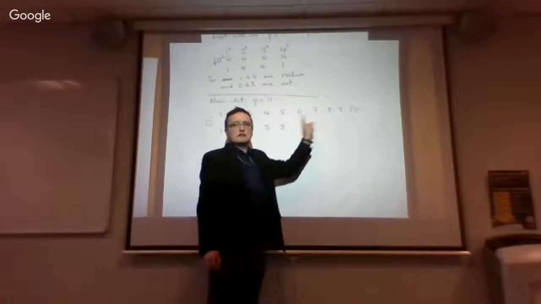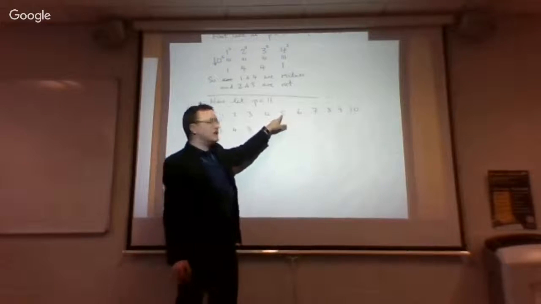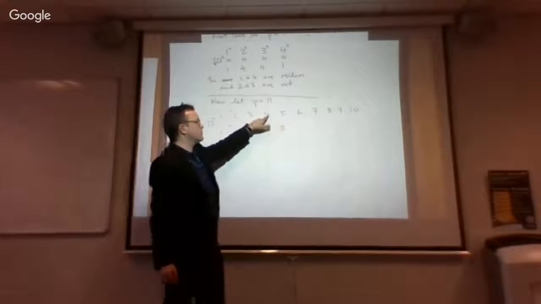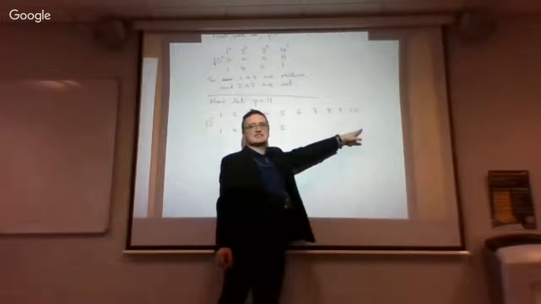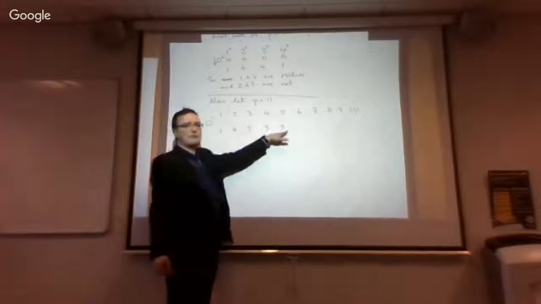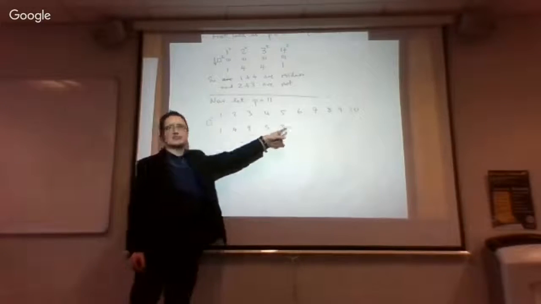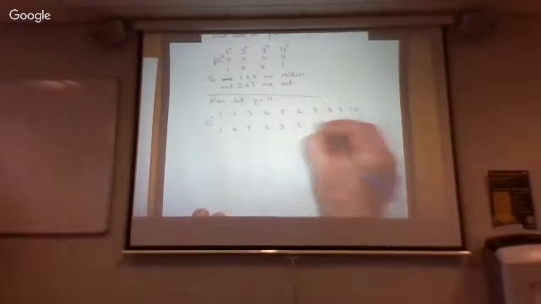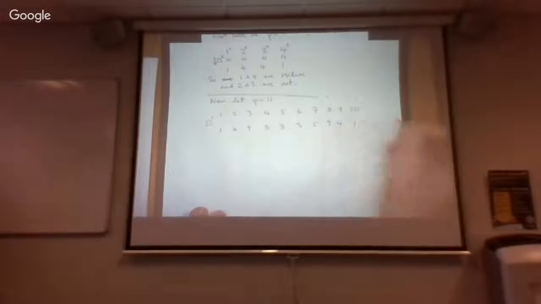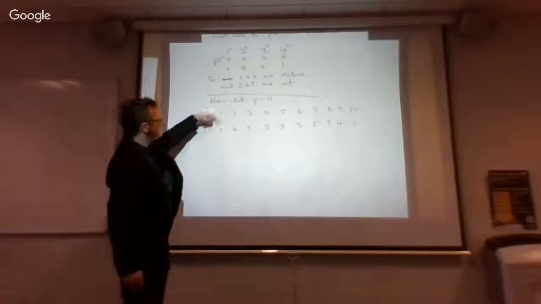Of course, I don't need to sweat it working out the other ones, because look, 6 is the minus of 5, 7 is negative 4, 8 is negative 3. So the rest of this list is just going to be the palindrome of the list I've just written out, except in reverse. This is going to be 3, 5, 9, 4, 1. Okay? So this is squaring everything.